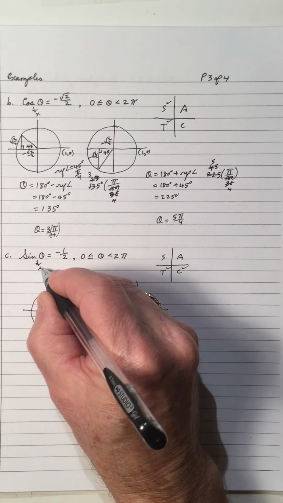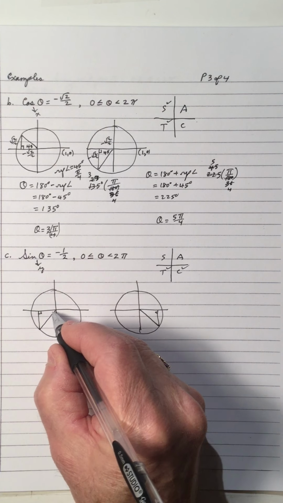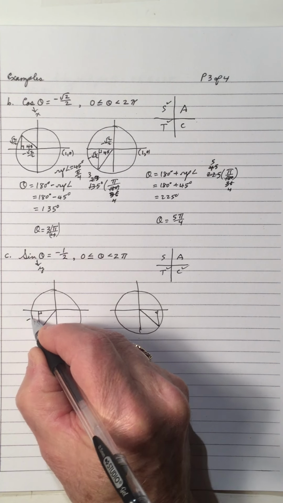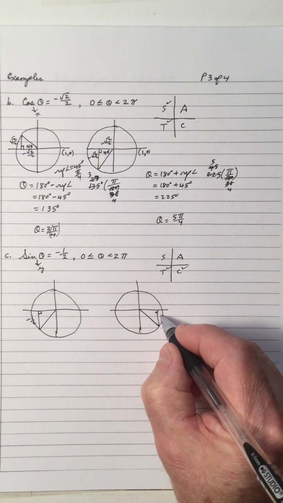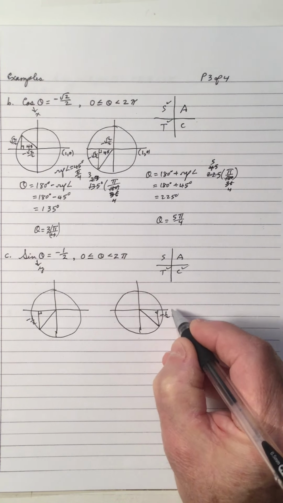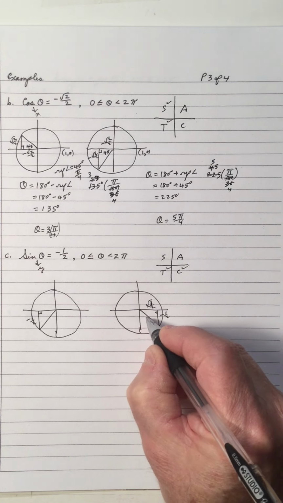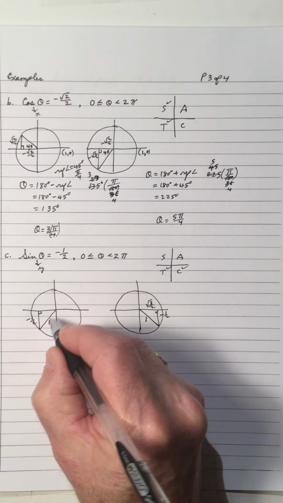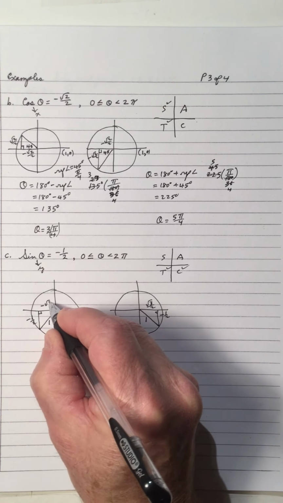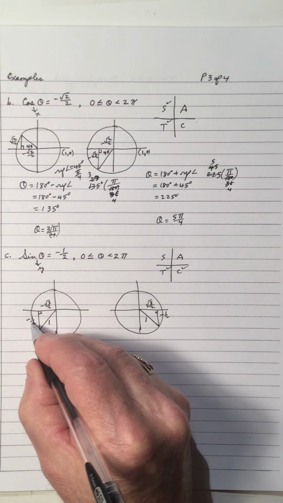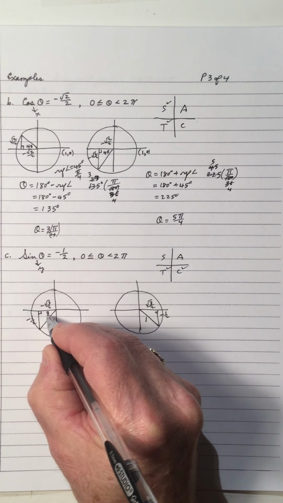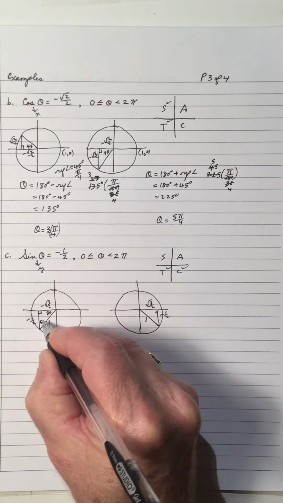Sine is in terms of the y, so the y is a negative a half, and the x is root 3 over 2, hypotenuse 1, and this is the negative root 3 over 2, so opposite a half is 30, and this is a 60.